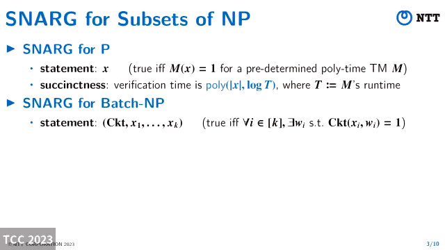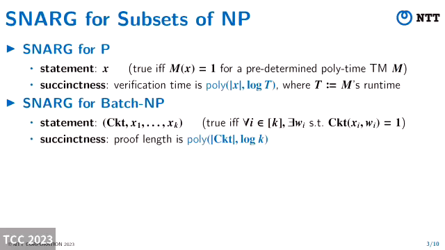In the case of SNARGs for batch NP, a statement consists of a Boolean circuit and a bunch of inputs to the circuit, x1 to xk, and it is considered true if the circuit and each of the inputs constitute a true instance of circuit satisfiability, meaning that for each input xi, there exists a witness wi such that the circuit outputs 1 on input xi and wi.